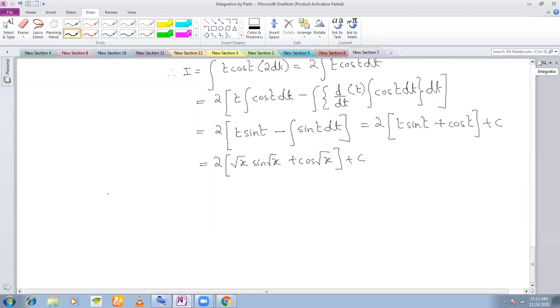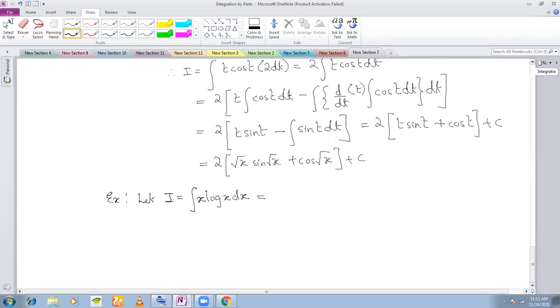Next problem. Given integration is x log x dx. How do you integrate x log x? You see, it is a product of two functions. One is an algebraic function, other is a logarithmic function.